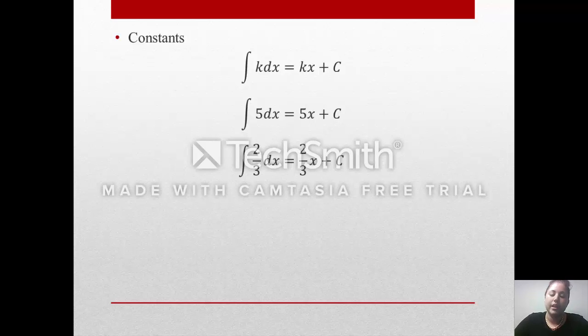So the antiderivative of k dx equals kx plus C. If we take the two integrals below, with constants k equals 5 and k equals 2/3, the integral of 5 dx equals 5x plus C. The same goes if k equals 2/3: the integral of 2/3 dx equals 2/3 x plus C.